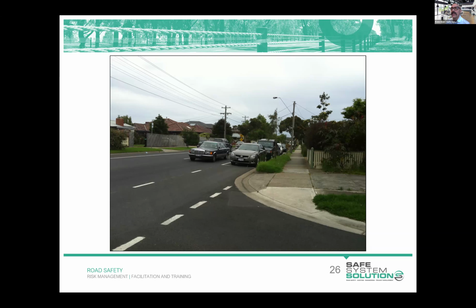Okay, we've got a few different answers, and this is always good because there are many ways to lessen risk in most issues out there on the road network, and we can have a look at what's coming there. So we've got some people saying, well, let's just get rid of some of the car parking spaces. Got somebody who's suggesting possibly changing it to a stop control on the side road.